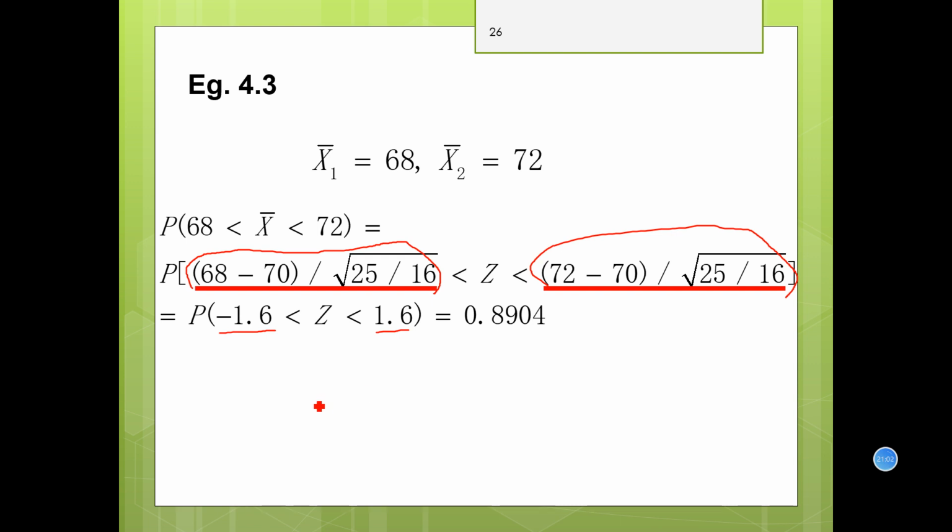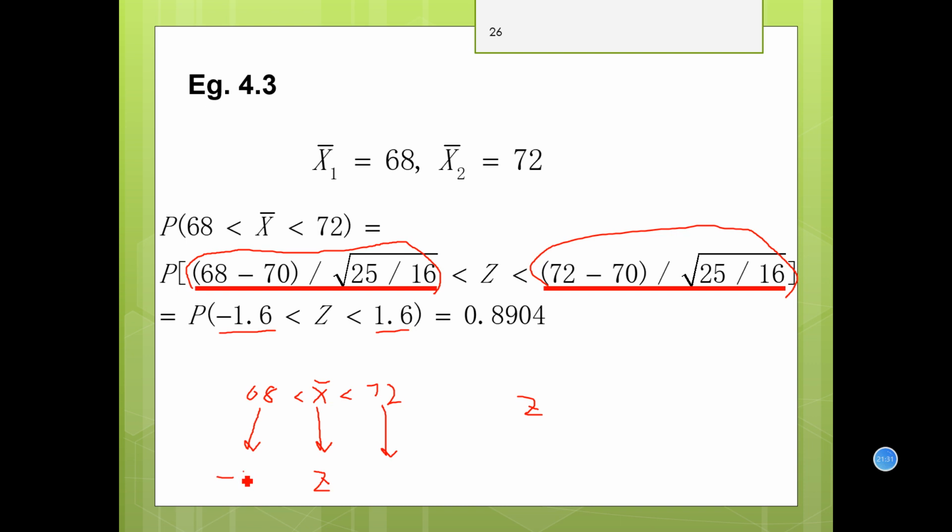So actually in that question we want to know when x bar is bigger than 68, less than 72, but here we use the formula of z value. Actually we transform x bar into z value, and we also transform these two numbers, 68 and 72, into two z values.